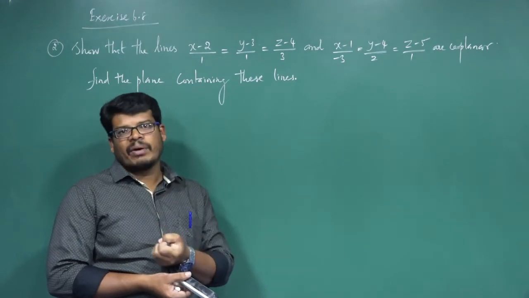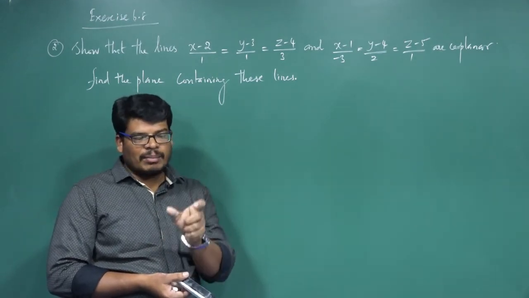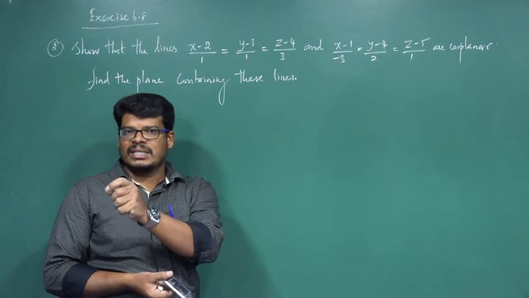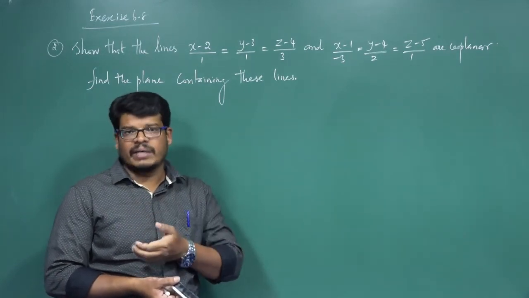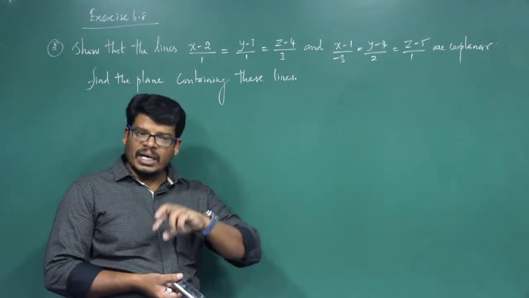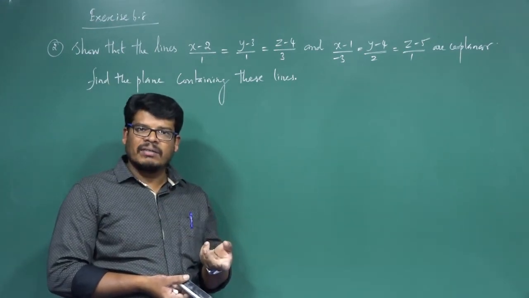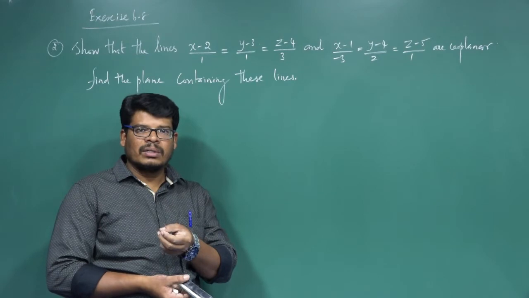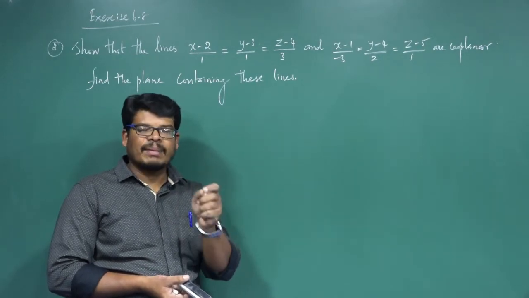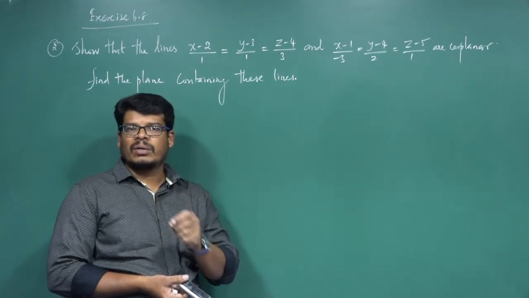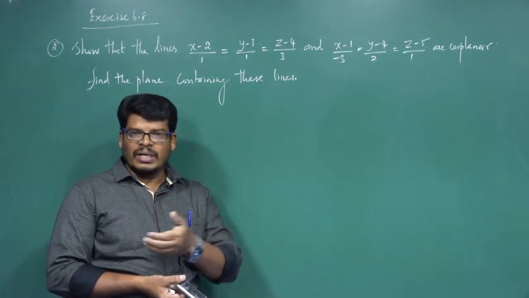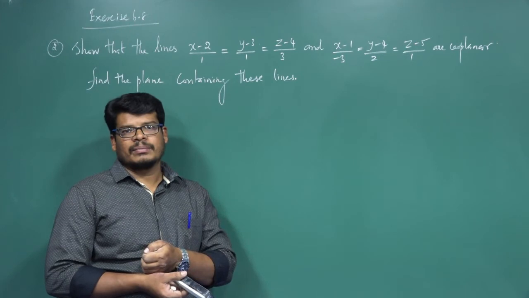The formula is the determinant of x minus x1, y minus y1, z minus z1, L1, M1, N1, L2, M2, N2 equal to 0, giving the equation of the plane. Or take the other point, c vector, which is x2, y2, z2: x minus x2, y minus y2, z minus z2, L1, M1, N1, L2, M2, N2 equal to 0, and you get the Cartesian equation of the plane.